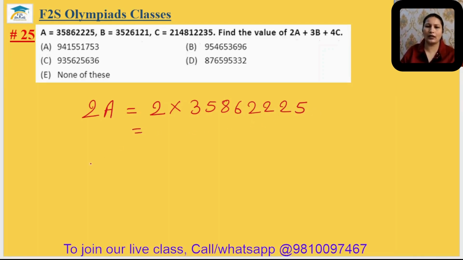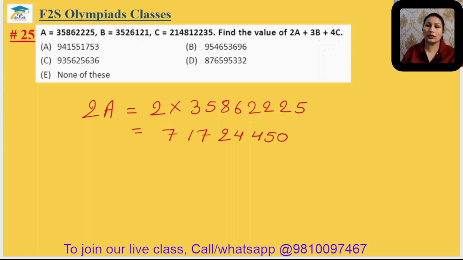After multiplying, we have to multiply 3586 triple 25 with 2. 7172450. This is your 2A.